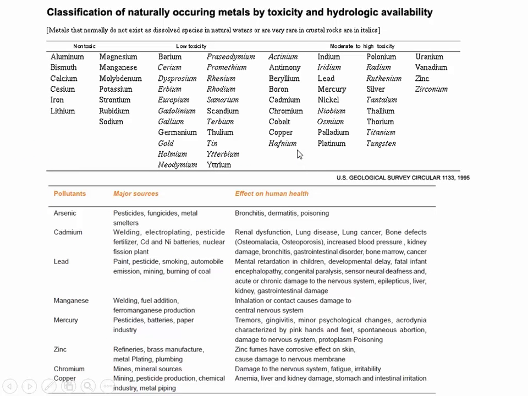So mercury causes all sorts of problems. Mercury, when it's consumed by humans, it can cause tremors, gingivitis, psychological changes, poisoning in concentrations that are high enough. Here's just a list of some of the heavy metals, and some of them are bad for people, some of them aren't.